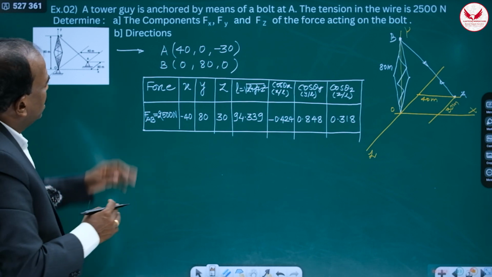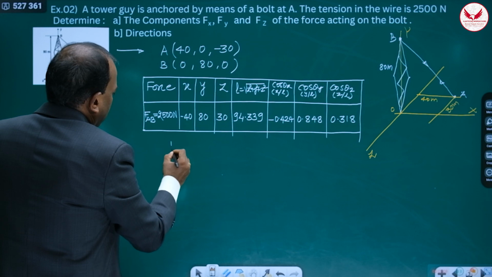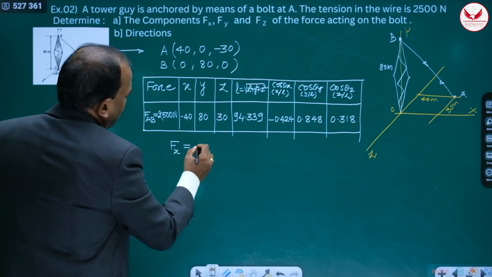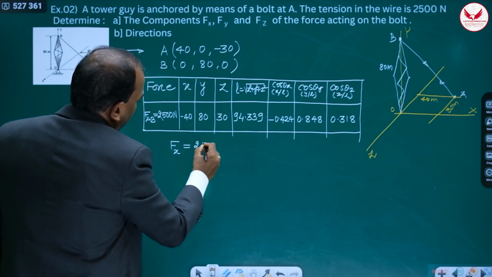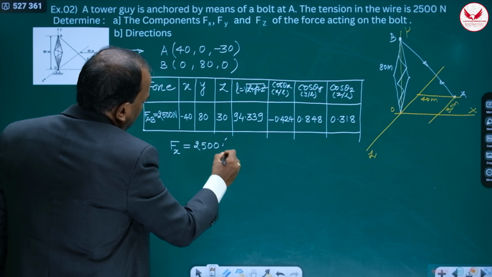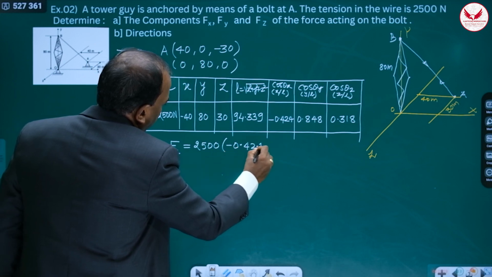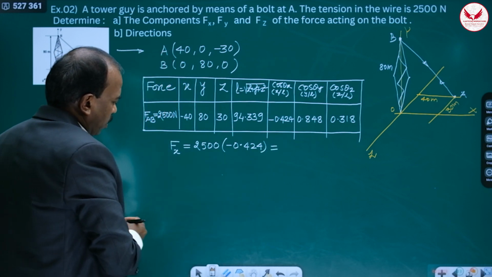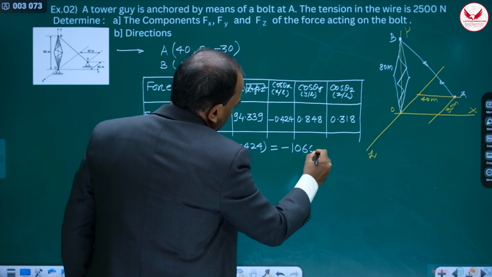Then what is going to be its Fx? Fx means X component of this force AB. It is nothing but this 2500 into cos theta X, 2500 into minus 0.424, and it is equal to Fx. It is going to be minus 1060 Newton.